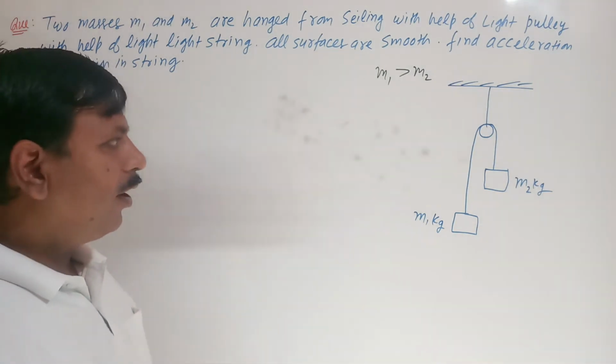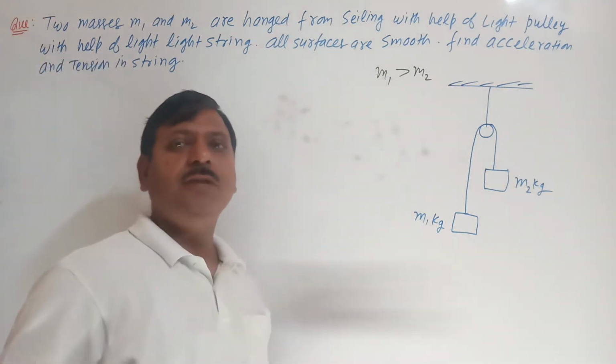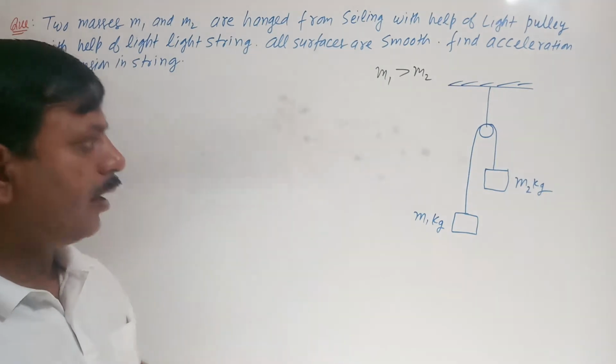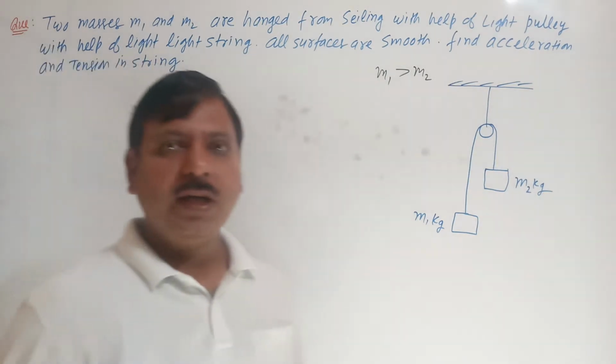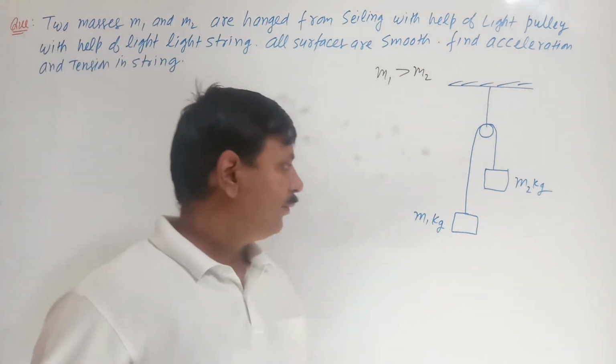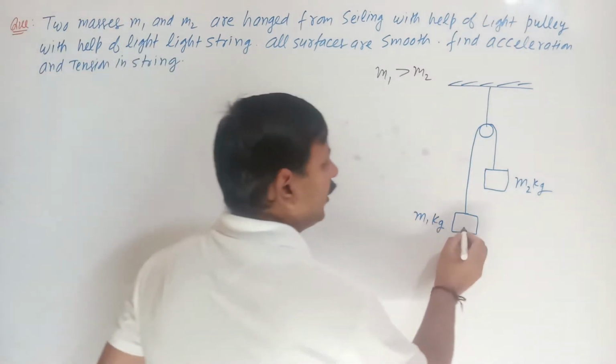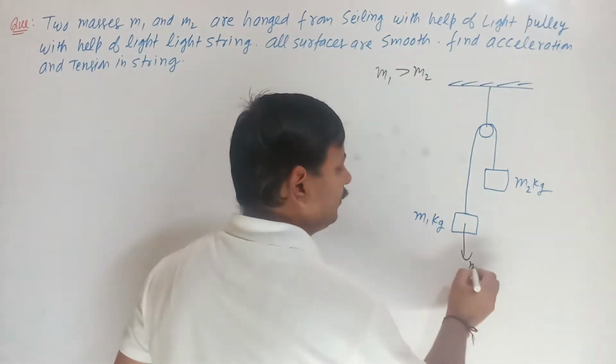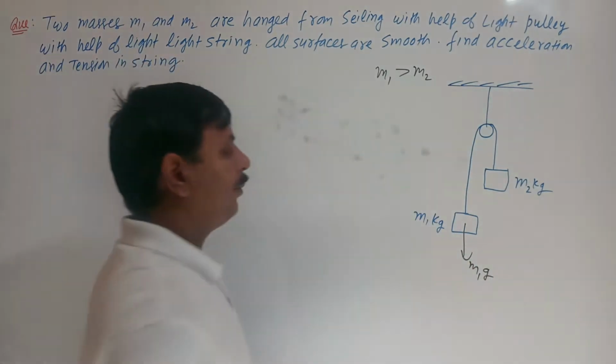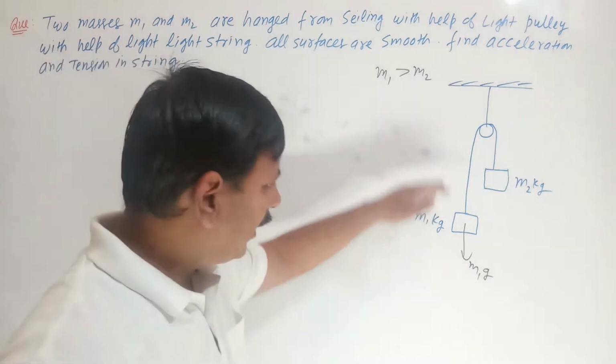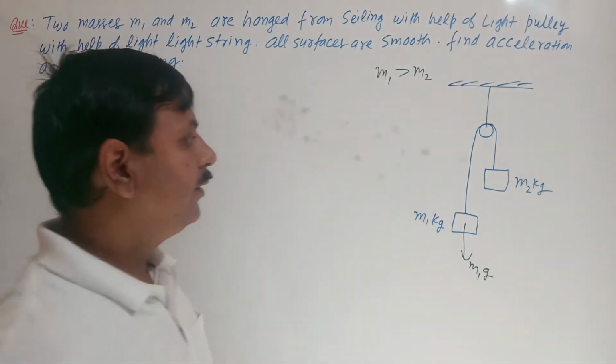So see here how we are finding the force and applying the FBD, free body diagram. Mass M1 has weight M1g, which always acts downward.